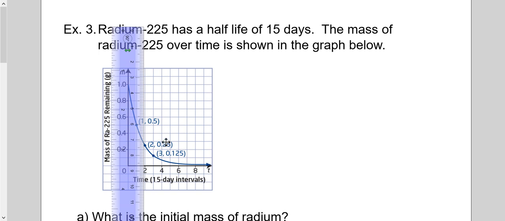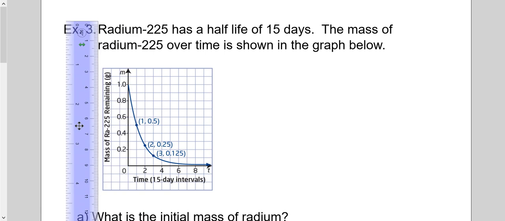This is half of that, and this is half of that. Looking at the time period, each one, 1, 2, 3, 4, 5, represents a 15-day interval. Going from 0 to 1 is 15 days already, going from 1 to 2 is another 15 days. So your answer, 4.32, means 4.32 of 15-day intervals.